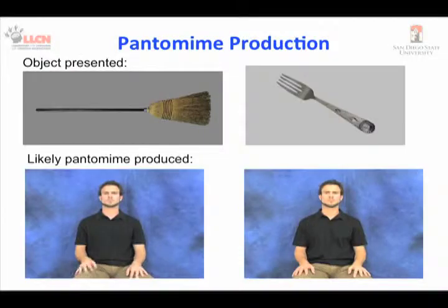We also made sure that the pantomimes that were produced didn't look like the verb that would be associated with it, so the signers couldn't cheat and produce a verb. They had to produce a pantomime. So here's a pantomime for sweeping. Now the ASL sign for sweep looks like this. Here's a pantomime for eating with a fork.